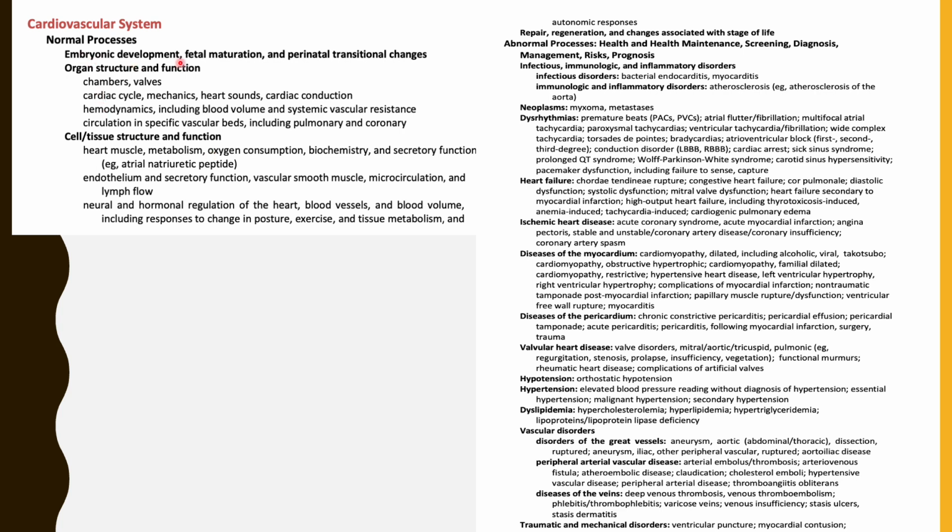So embryonic development, fetal maturation, this is what you should know for cardio. You should know the chambers and valves regarding anatomy, the cardiac cycle, heart sounds, almost everything in medicine really. Cell and tissue structure, heart muscle metabolism.